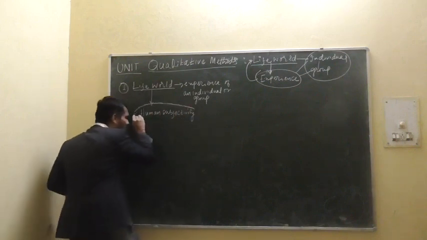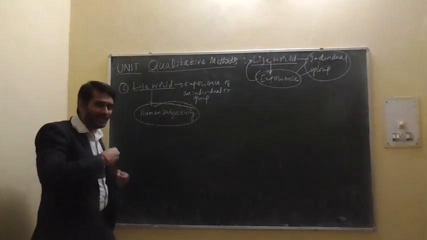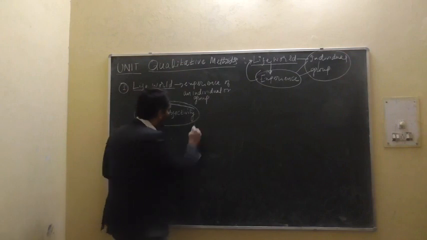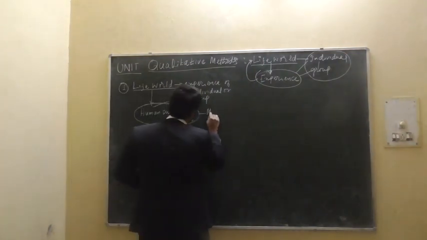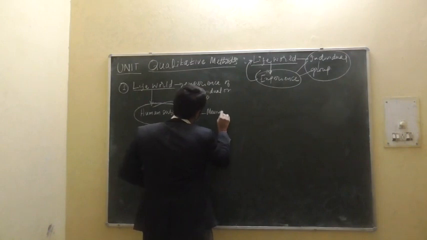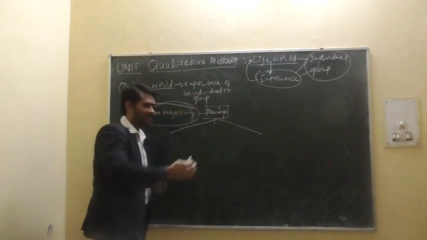What is the human subjectivity? It means that as a human, as an individual, we attach different sets of meanings to different aspects of life.